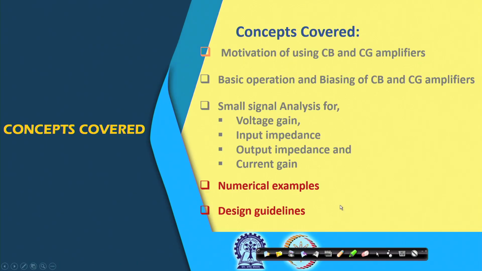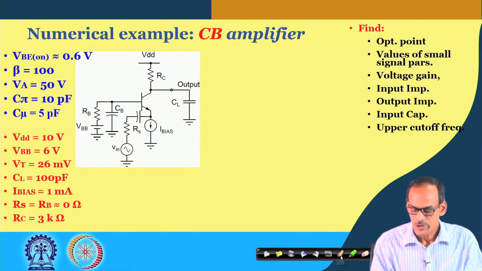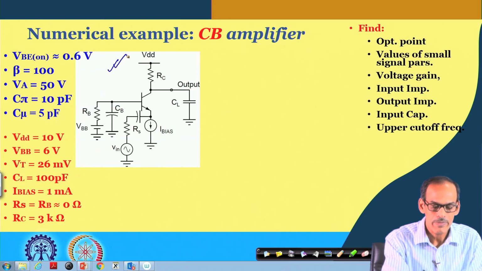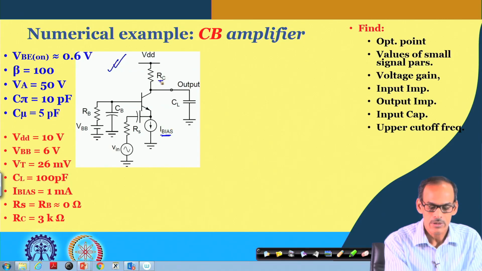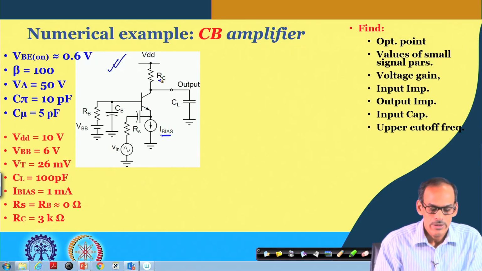So, let us go to the numerical example of the common base amplifier. The basic circuit is given here, and you can see that we have ideal bias as well as a more practical bias of the collector terminal.